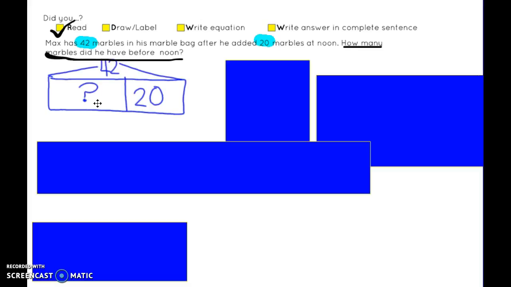I have to put the question in the part that I don't know. I do not know how many marbles Max began with, but I do know that at noon he added 20 to the bag. If your tape diagram is not correct, please pause your video and correct it.